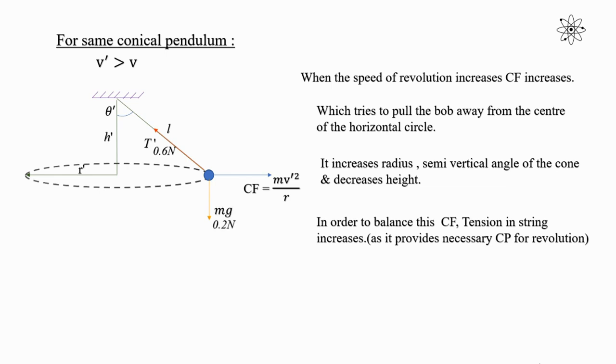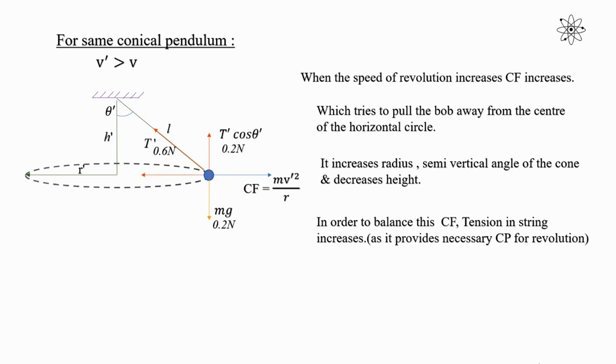As we already discussed, student, the weight of the bob is 0.2 Newton, which will not change even if there is a change in speed. So the vertical component required to balance this weight is also 0.2 Newton. So even though the tension and the semi-vertical angle change, the ultimate value of T dash cos theta dash should be 0.2 Newton.